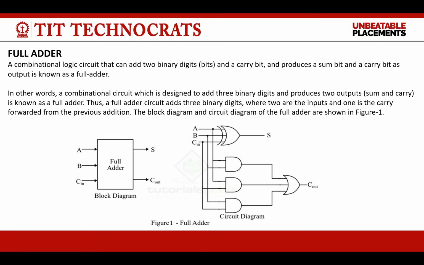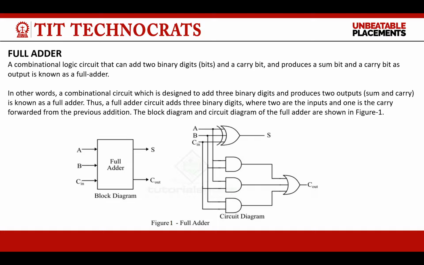So a full adder is a combinational logic circuit that can add two binary digits and a carry bit and produces a sum bit and a carry bit as output. So the full adder circuit is that type of combinational circuit which can perform addition of 3 bits, that is 2 binary digits and a carry bit.